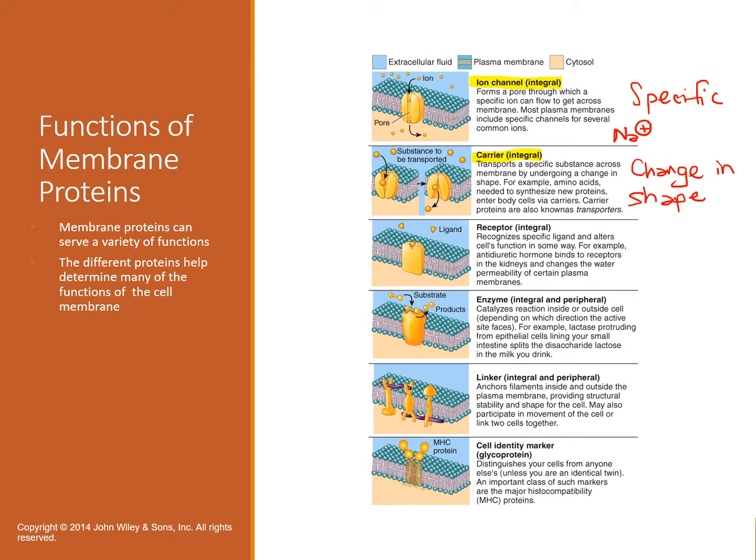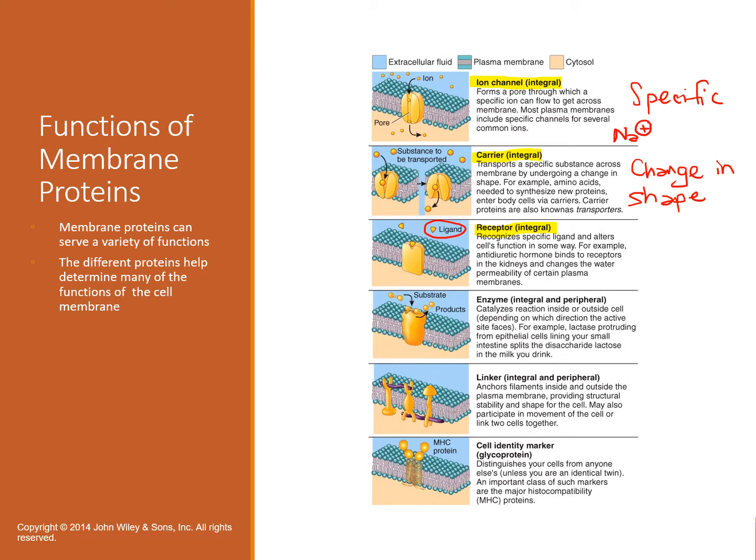The next one is a receptor. It is also an integral protein, and it recognizes a specific ligand. As you can see here, it has this very specific ligand. A ligand is just a molecule that interacts with a receptor, and the receptor will alter the cell's function in some way once it binds with that ligand.